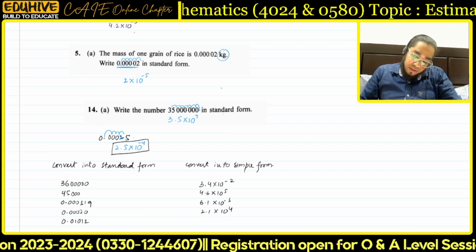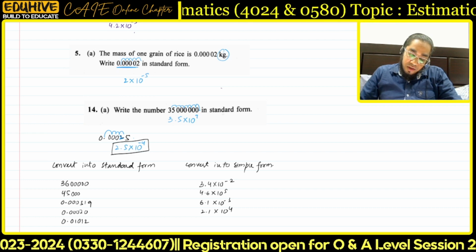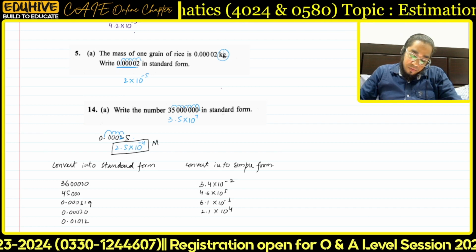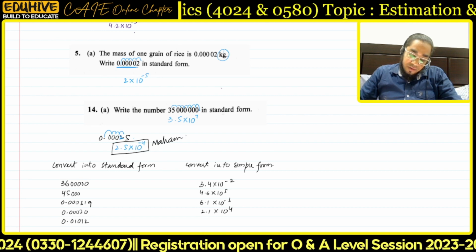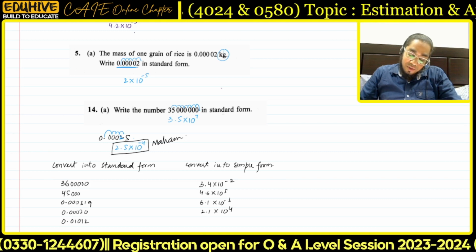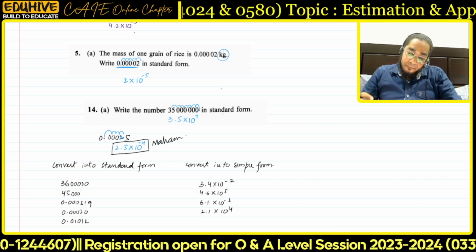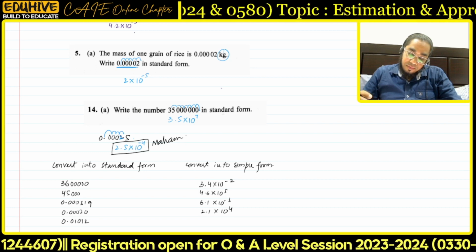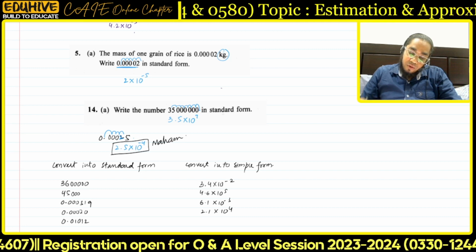Maham, you can see I have also written 10 to the power minus 4. I made a mistake and mistakenly wrote plus 4, and somebody reminded me in the class that it shouldn't be plus 4, it should be minus 4. Yes, now you are correct.